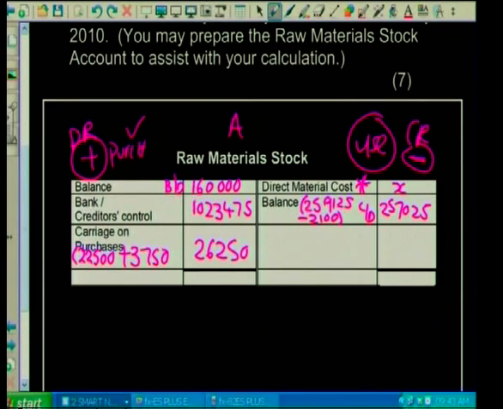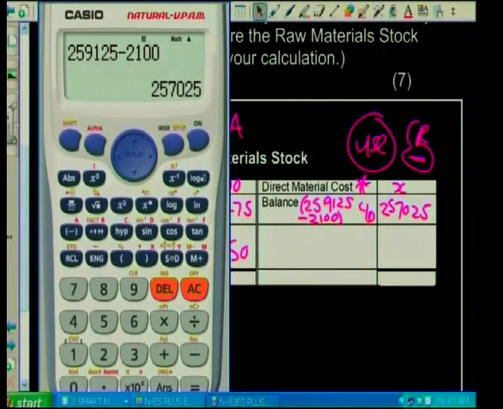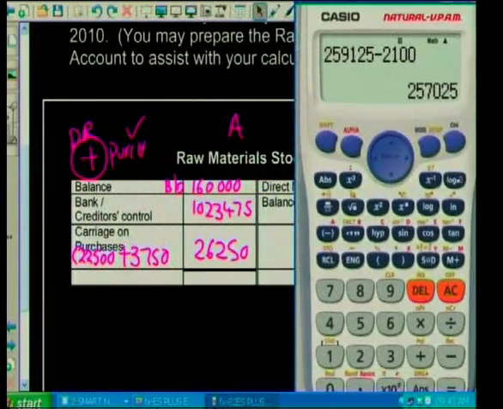So let's get our calculators out again, and let's just move this a bit. On the debit side, we've got an amount of 160,000. To that, we are adding 1,023,475.